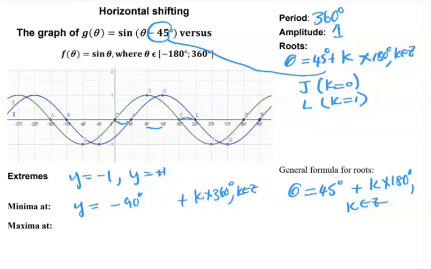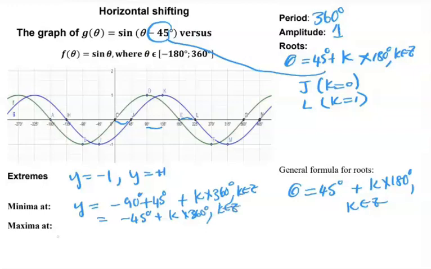But now the minimum has also shifted 45 degrees. So that gives us minus 45 degrees plus k times 360 degrees, where k is an element of Z.